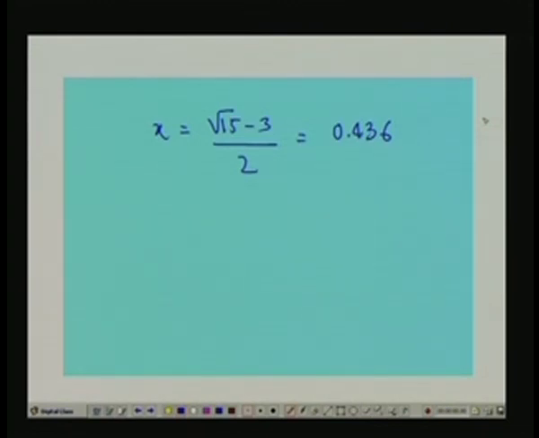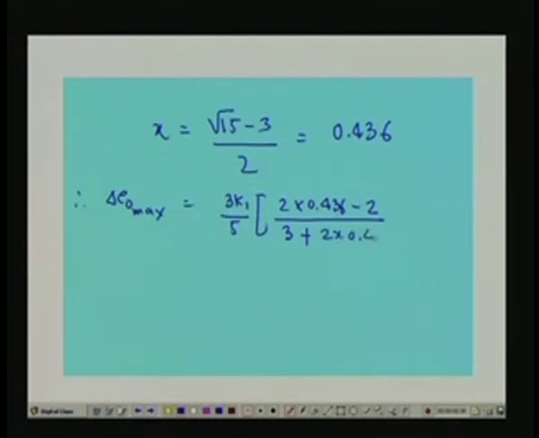So, delta E naught max equal to 3 k1 by 5 times 2 into 0.436 minus 2 upon 3 plus 0.436, equal to minus 0.127 into 3 k1 by 5.